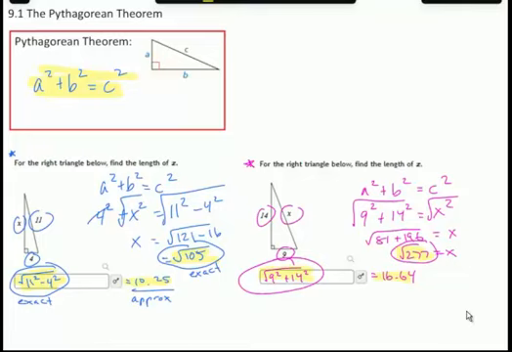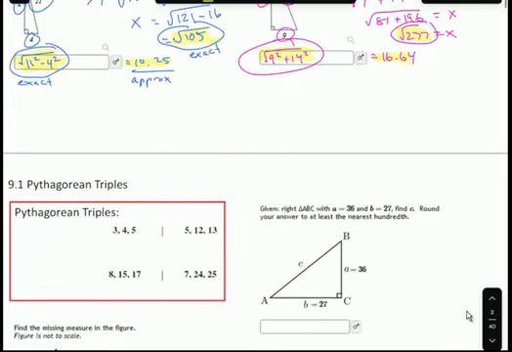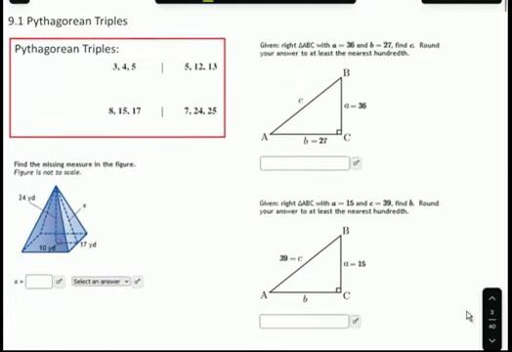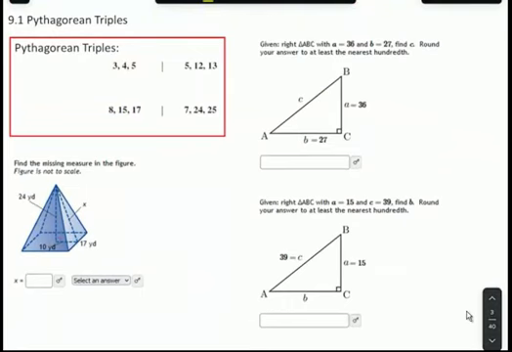All right. So one of the other things that you might be asked to do is recognize what are called common triples or Pythagorean triples. Okay, the two most common ones are 3, 4, 5s and 5, 12, 13.